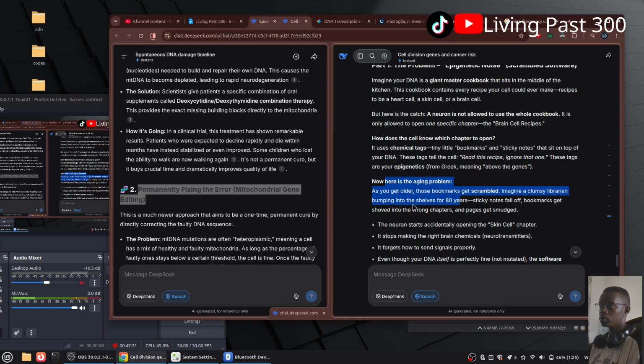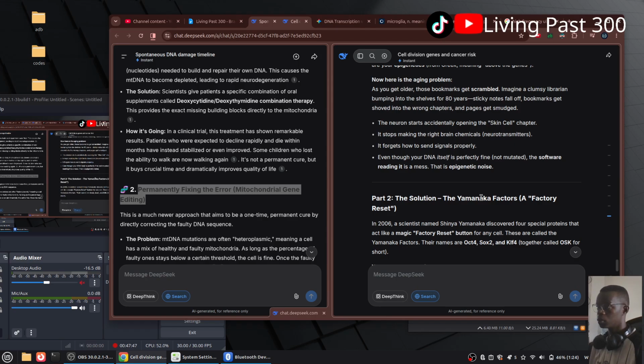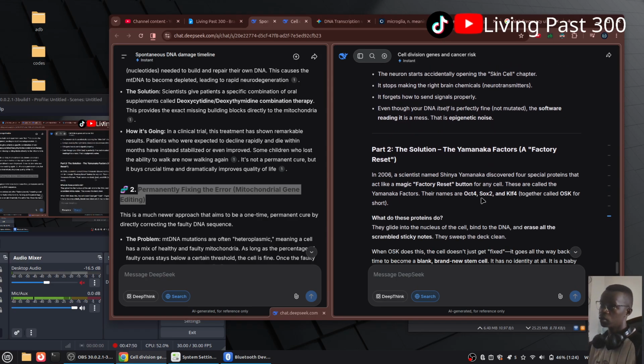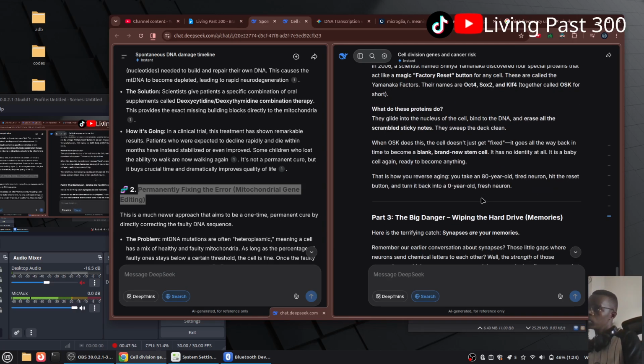Okay, yeah. Okay, the solution to the scientific names. So specific proteins act like magic for any cell.